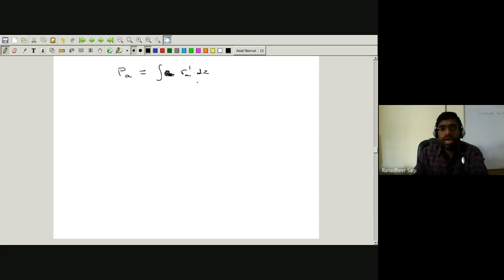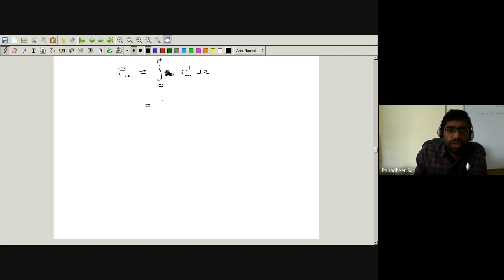I am considering a small elemental strip of the depth of the retaining wall. If I want to integrate over the complete depth to get the total earth pressure force, I can integrate over the depth 0 to h, where h indicates the height of your retaining wall over which your earth pressure distribution is coming on.